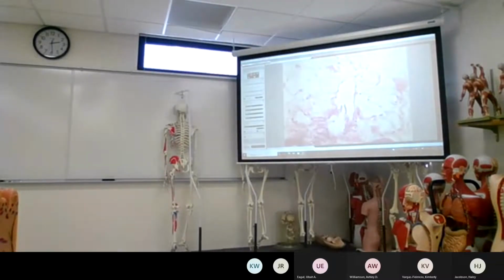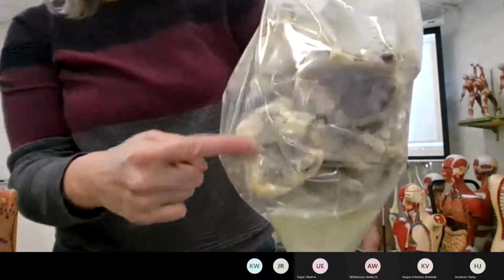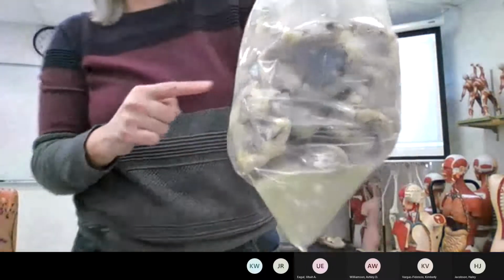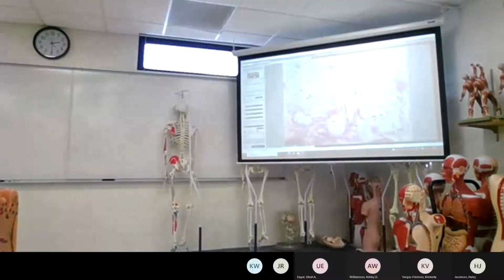So these are hearts that my students are going to use on Friday. When you look at them, you see all that white in the middle of some of the indentations that the muscle's creating? A lot of that is fat. So this white component in between the muscle, a lot of that is fat.